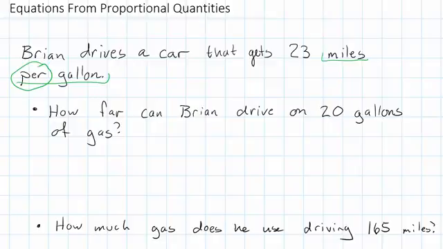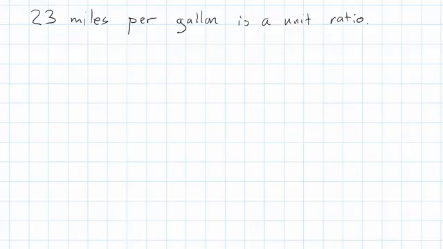Let's forget about these specific questions for a moment and think about how we understand 23 miles per gallon. 23 miles per gallon is a unit ratio. You can tell from the word per between miles and gallons.